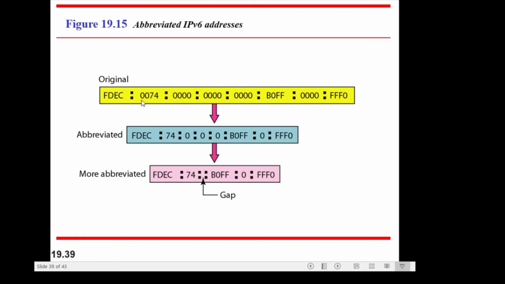The next part, you can simplify this IPv6 because we have consecutive all-zero sections. You can replace them with this gap. FDEC double colon 74 double colon here, and then B0FF.